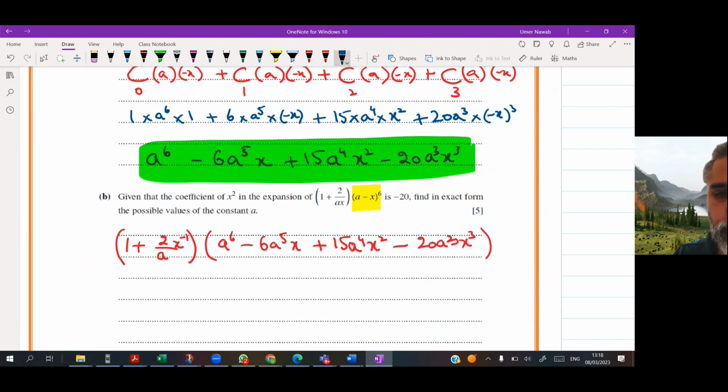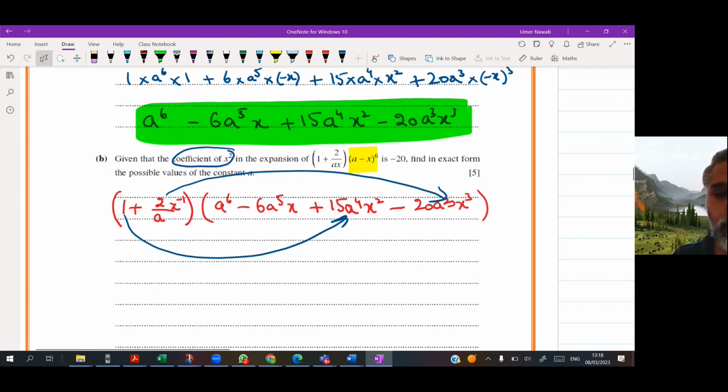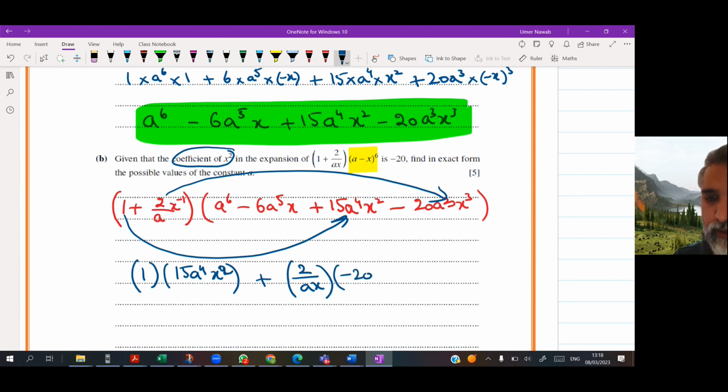I'm searching for the coefficient of x squared, so 1 should multiply with this, and this should multiply with this to give you x squared. So 1 multiplied with 15 a to the power 4 x squared, and 2 over a, I can write x down, multiplied with minus 20 a cubed x cubed.